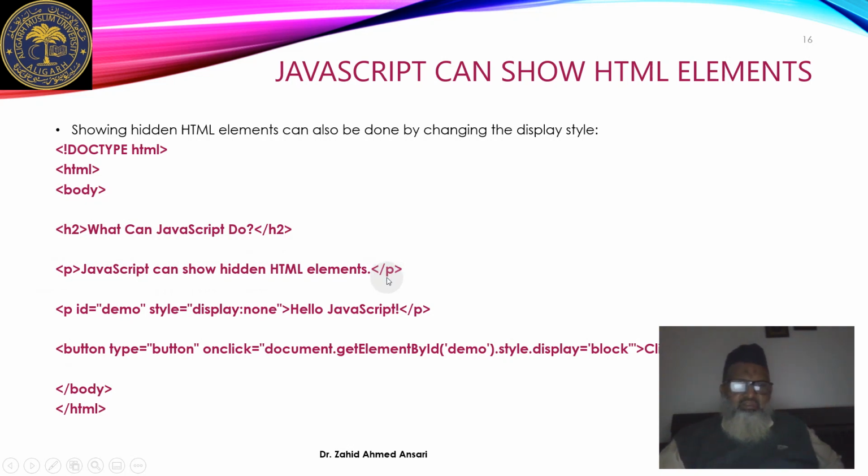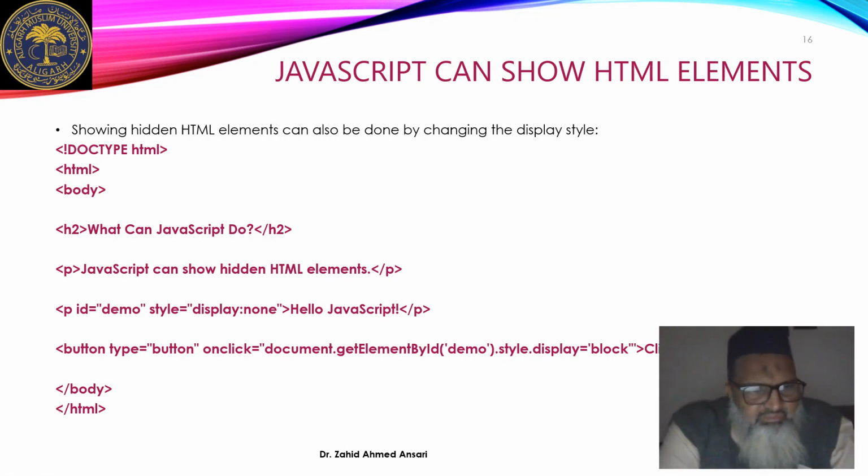Then we have another paragraph on which we are writing hello JavaScript, and its style is display none. Because the style display is none, this paragraph will not be shown. You got it?